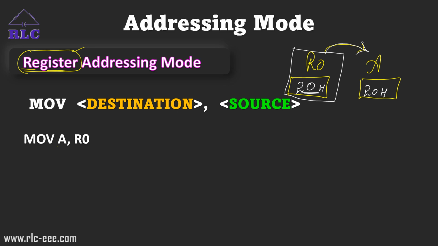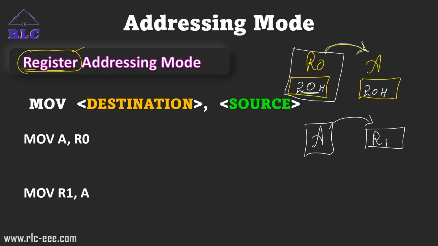That is MOV A, R0. In the same way we can write MOV R1, A. That means whatever is in the accumulator is transferred to register R1. The data present in the accumulator is transferred to the register R1. We know we have registers from R0 to R7.